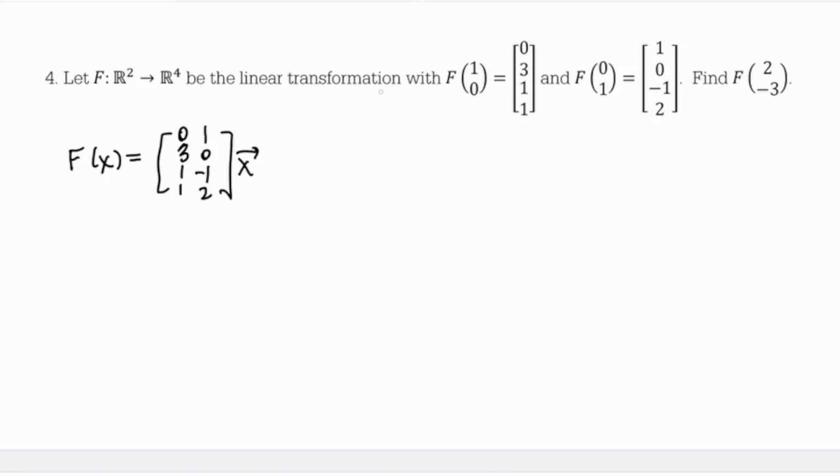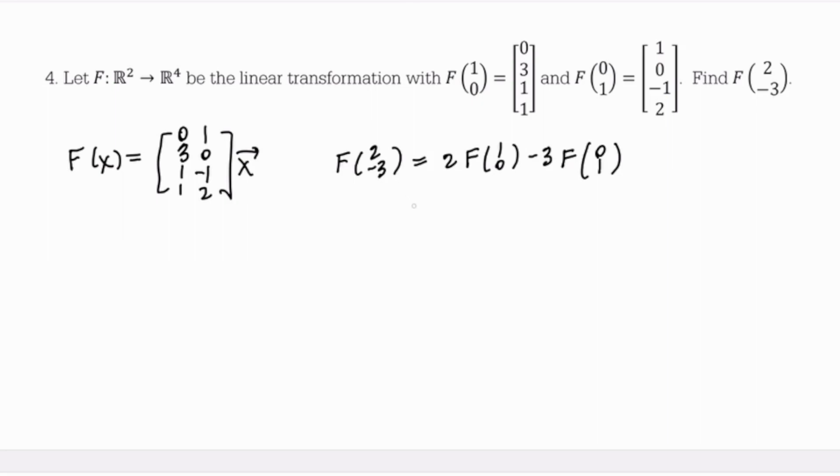But what I'm going to say is, all right, well, f of (2, negative 3), I'm going to use the linearity of the linear transform and say, that's going to be 2 times f of (1, 0) minus 3 times f of (0, 1). If you look at it and think, okay, I'm taking (2, 0) minus (0, 3), that's going to give me (2, negative 3).